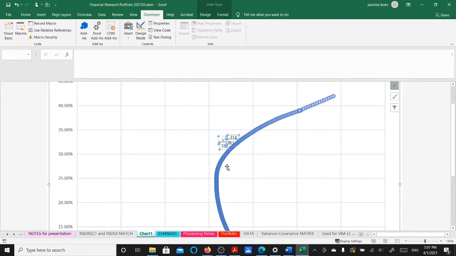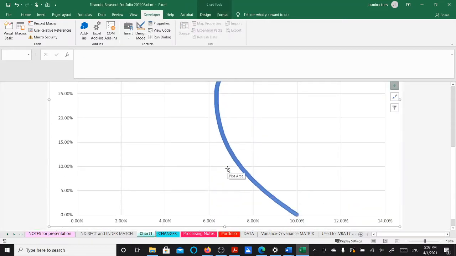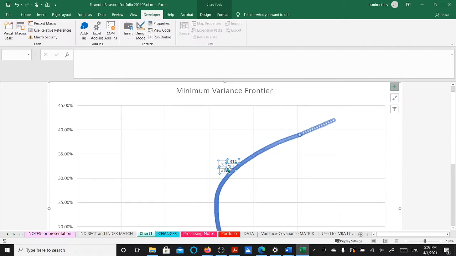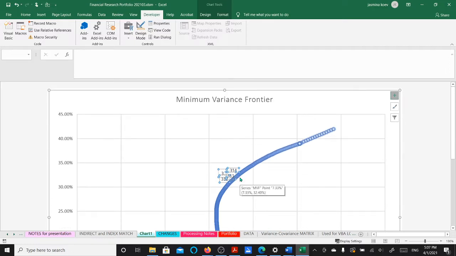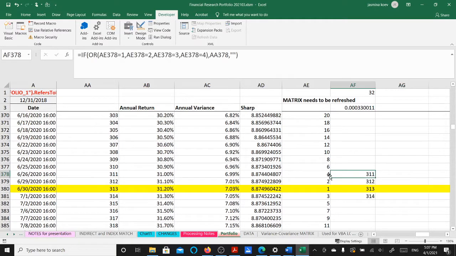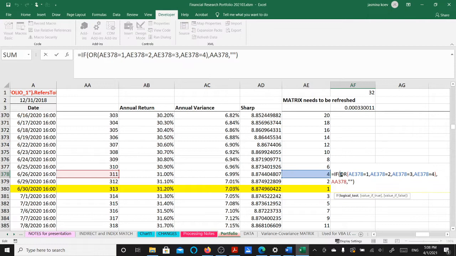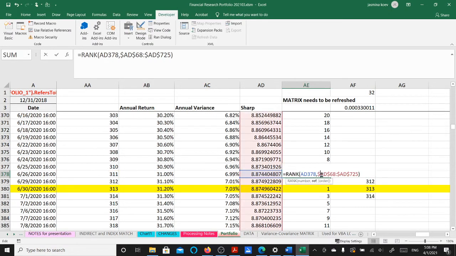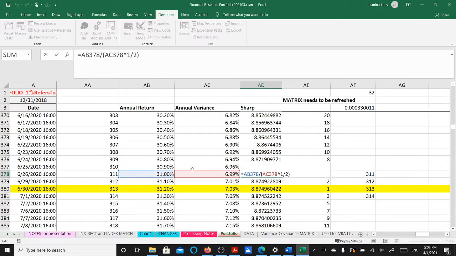Looking at our chart, this is our efficiency curve. The way I have this set up, the portfolios with the highest Sharpe ratio, here is the Sharpe, and I back into it simply by taking the returns over the standard deviation.